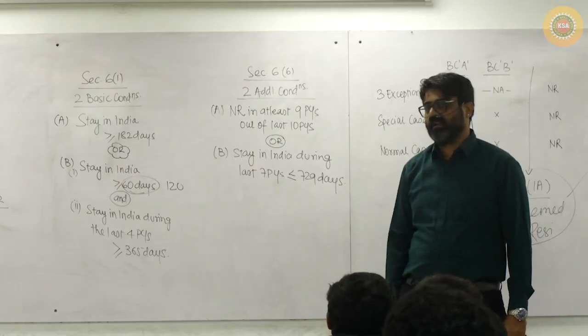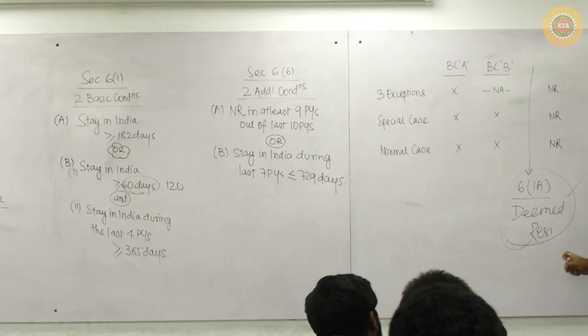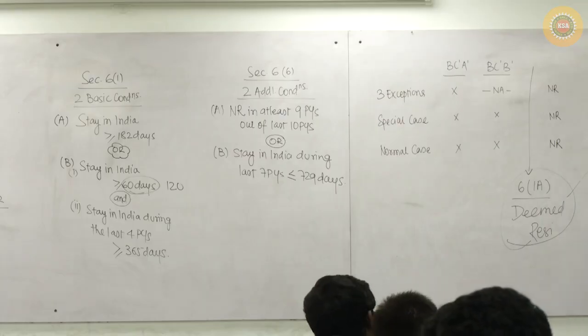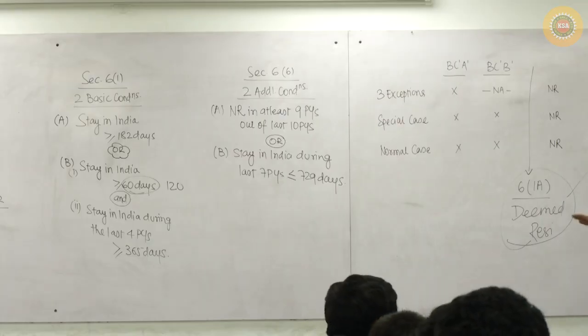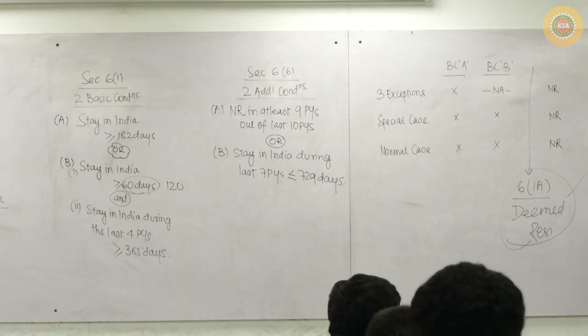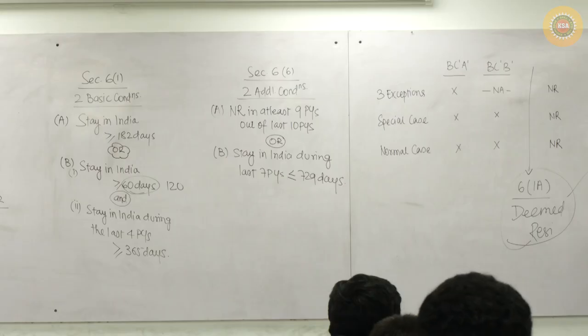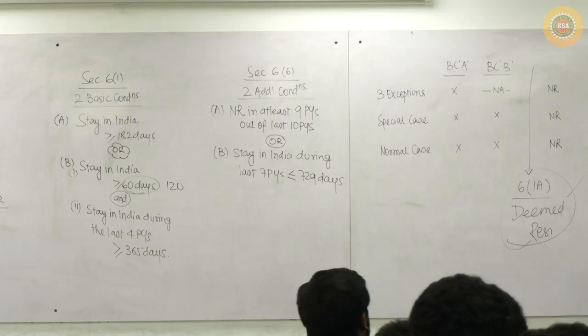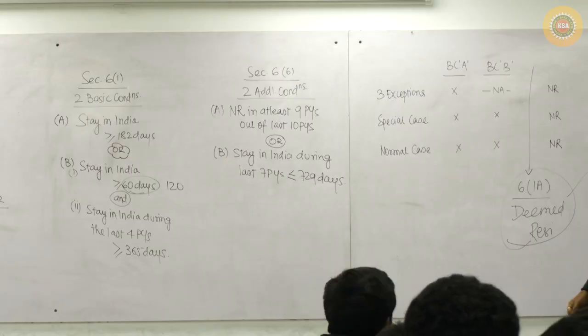Understanding? Now we have treated you as a deemed resident. We are not going to tell you to go and satisfy any additional condition. You will be directly treated as RNOR. Because if we tell you to satisfy additional conditions to become RNOR, it will be injustice to you.